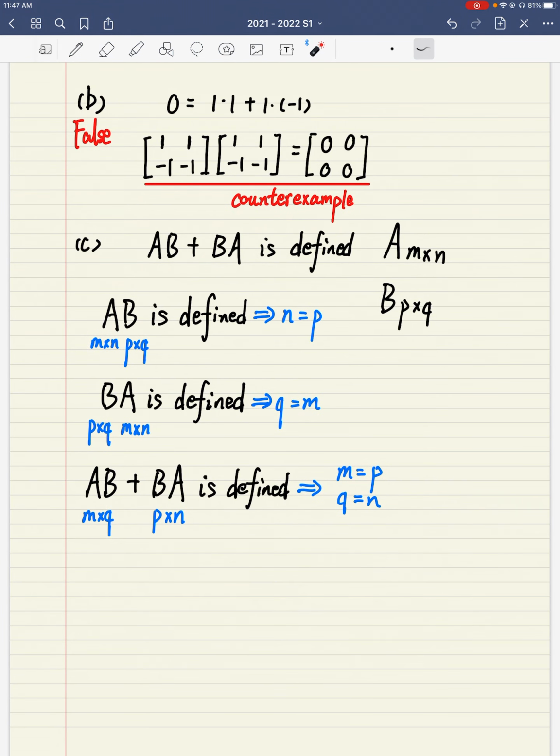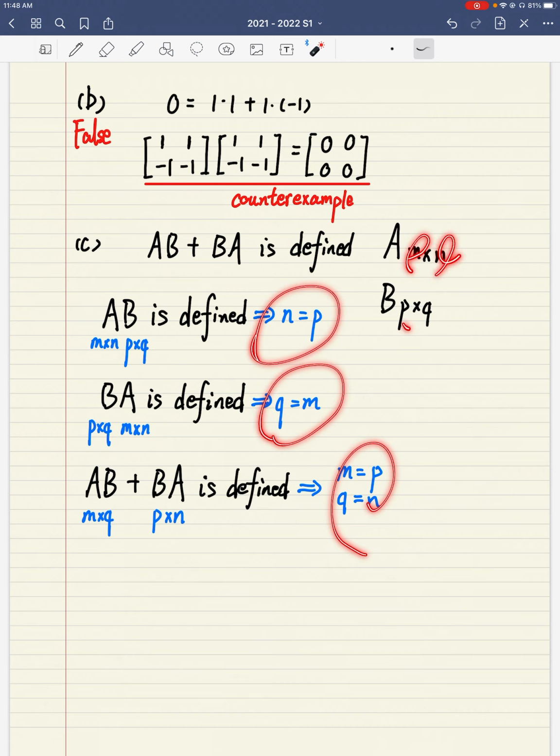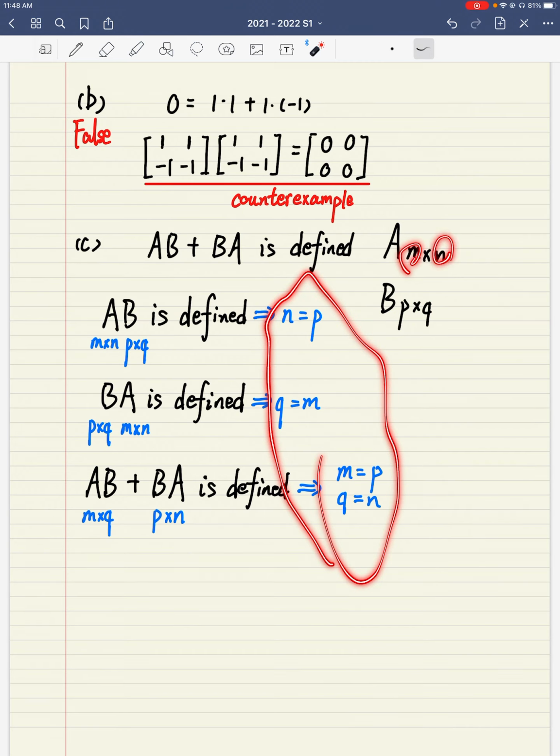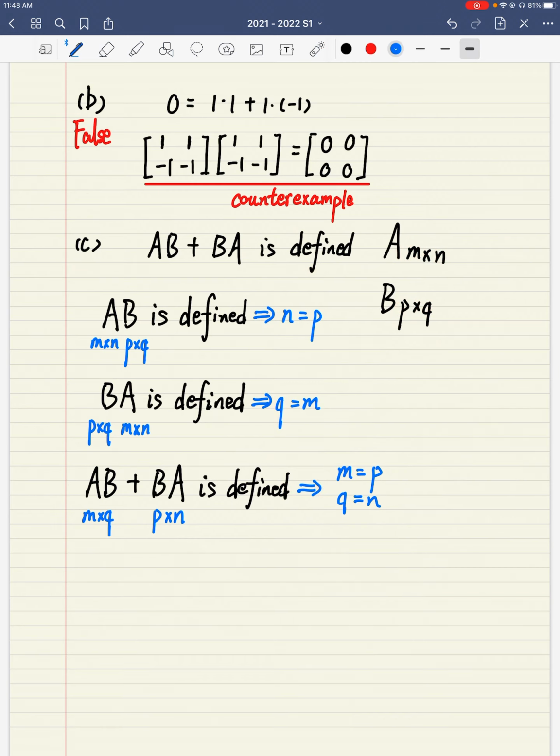As you can see from these four equations, M, N, P, and Q must all be the same. So here you can make a conclusion.